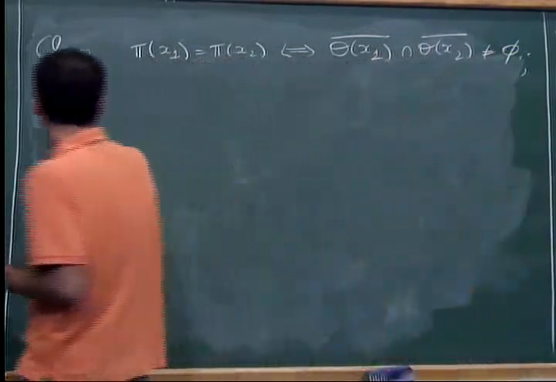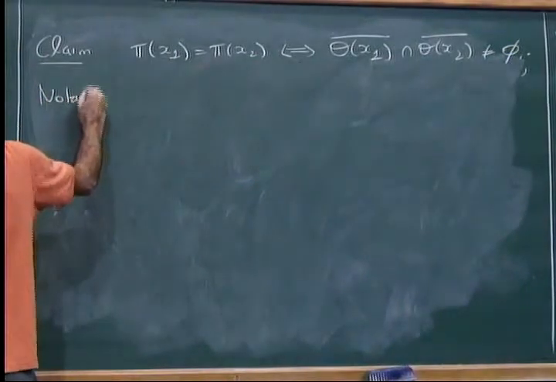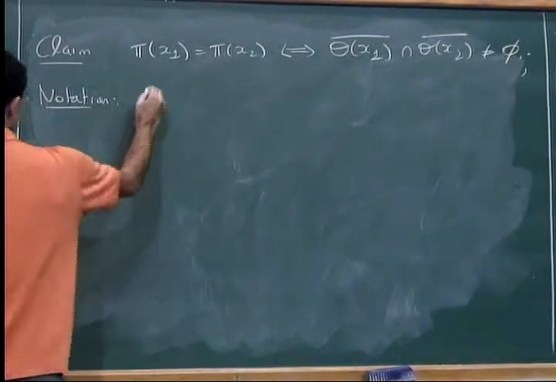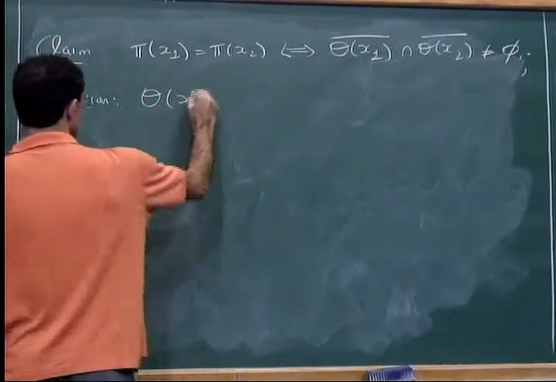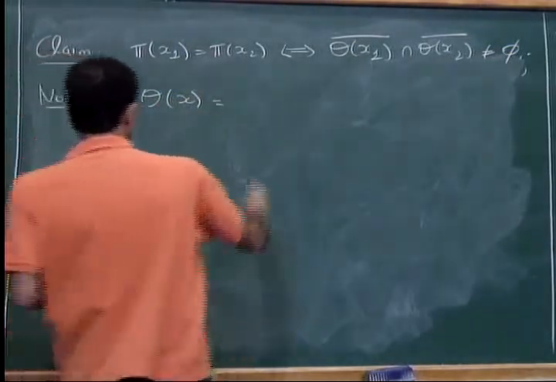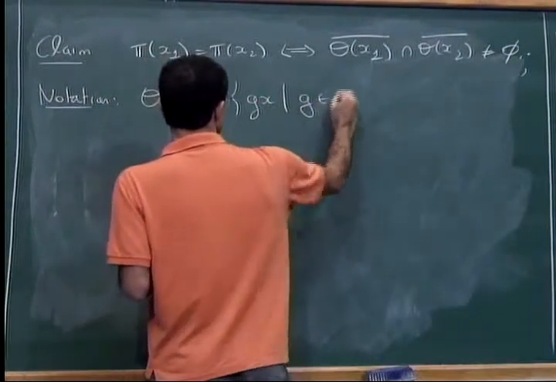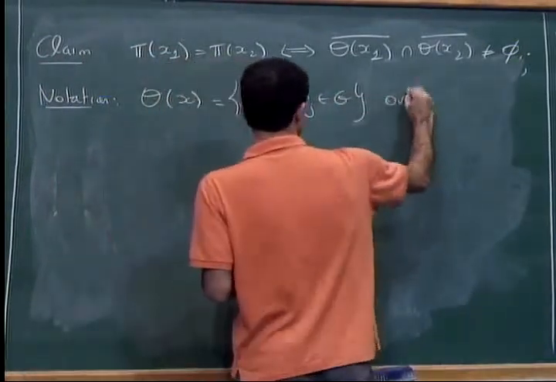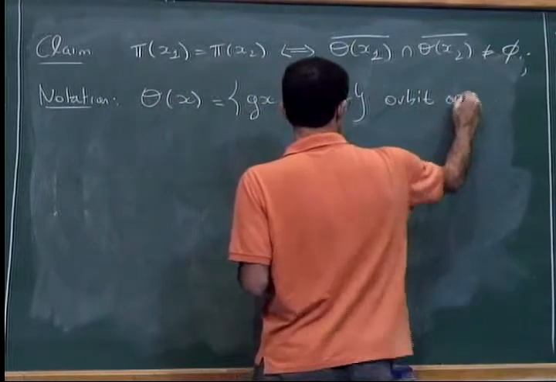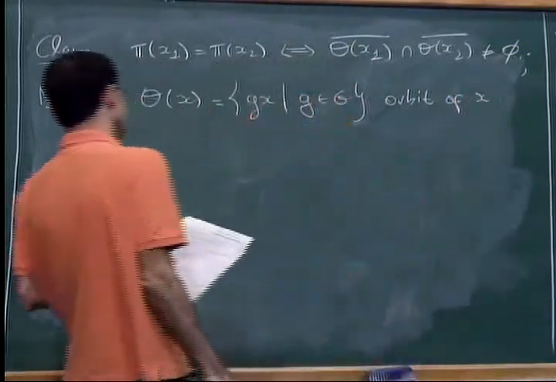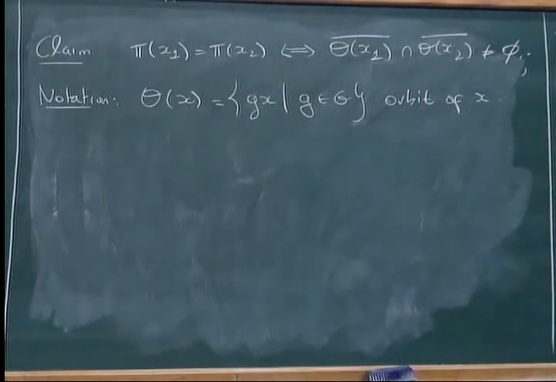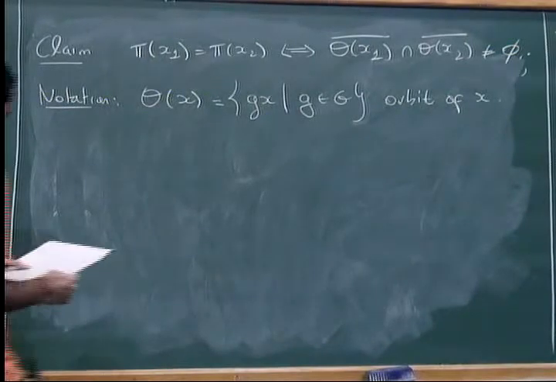So let me put the notation here. We're going to use this more frequently later. This is what I've been calling the orbit: O of x is the orbit of x under the action. Okay, so that's the claim.